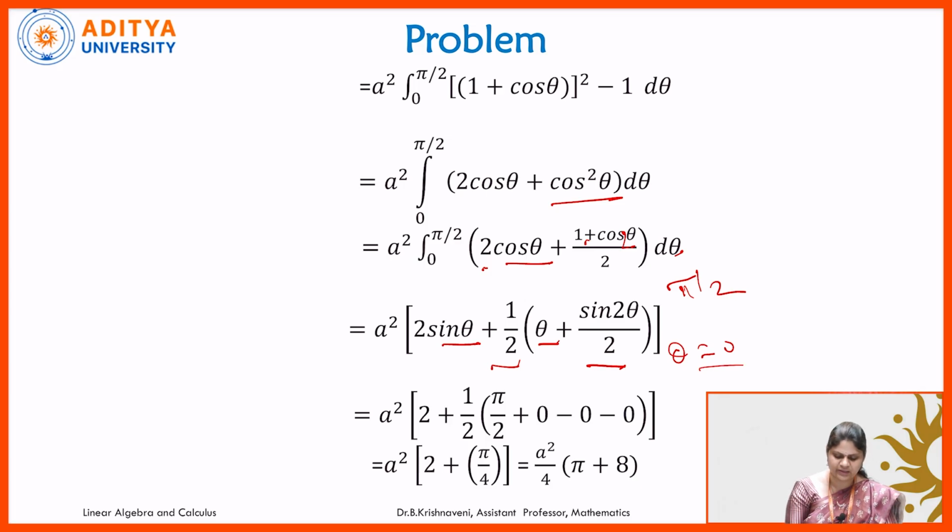If you substitute the upper limit theta pi by 2, it means 2 into sin pi by 2, which is 2, plus 1 by 2 into pi by 2 plus sin 2 pi by 2, which will become sin pi, that is equal to 0. And if you substitute theta is equal to 0, the total lower limit is 0. So simplify this, a square into 2 plus pi by 4, which is equal to a square by 4 into pi plus 8.